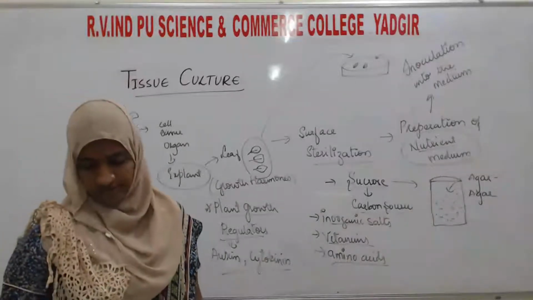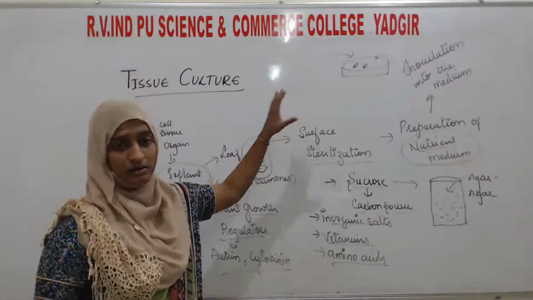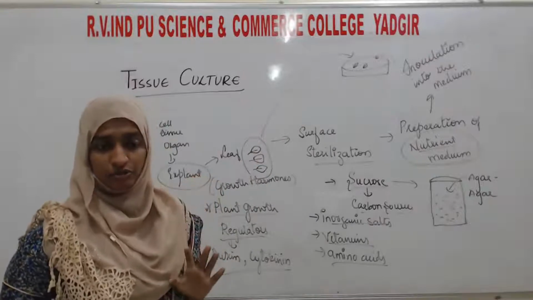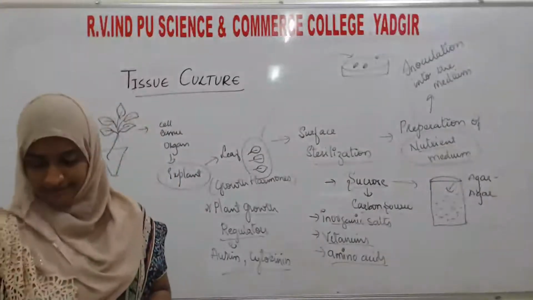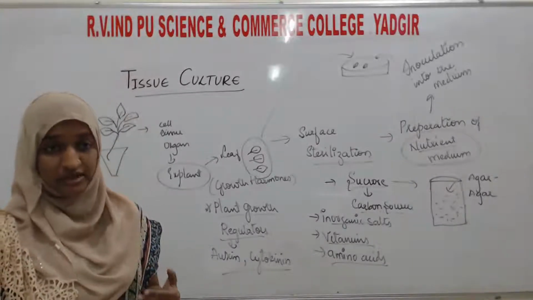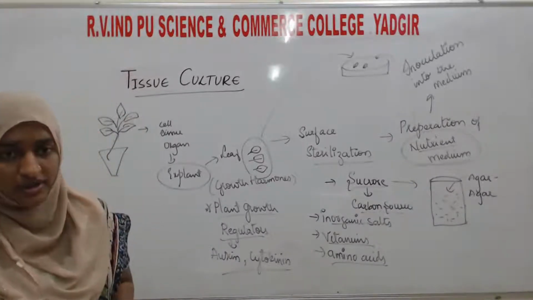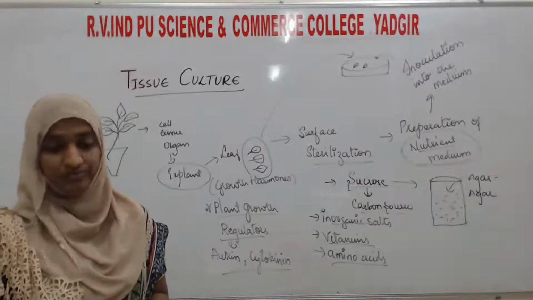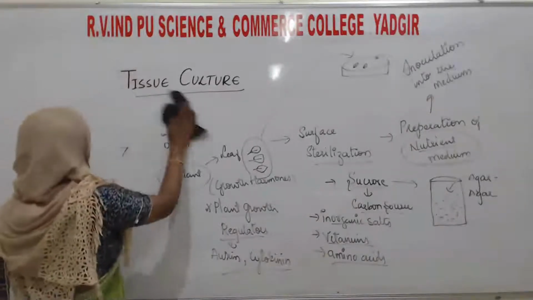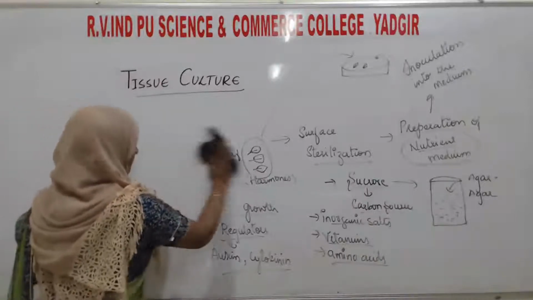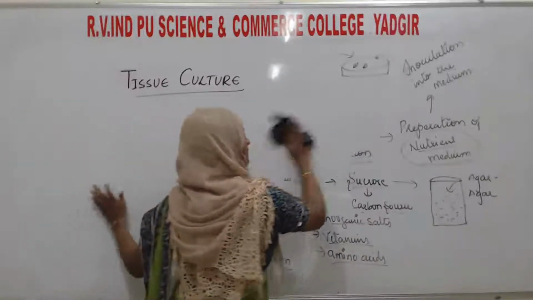Okay, so till there you have come to know. Next we will see the next term used over here, that is micro propagation. I will explain that one. That is also very important.